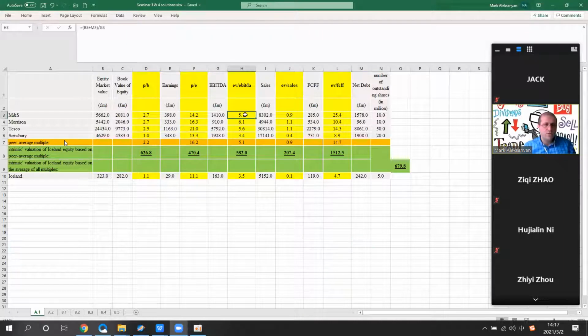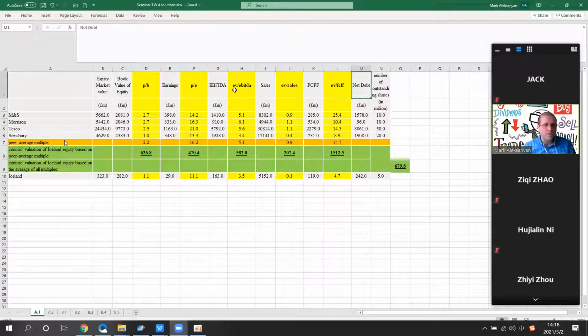You compute the EV to EBITDA, but be careful here because the numerator now is not price, not the market capitalization of equity, but the enterprise value. And what is enterprise value? That's your equity market value plus the company's net debt.